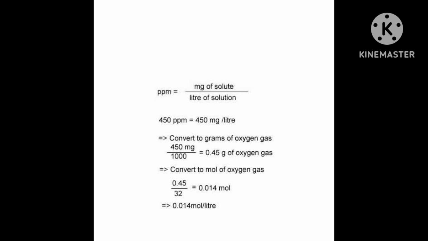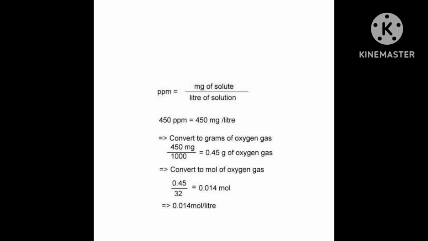This 1 liter of seawater contains 6 into 10 to the power minus 3 gram of dissolved oxygen, which is very, very less. Such a small concentration is also expressed in terms of parts.